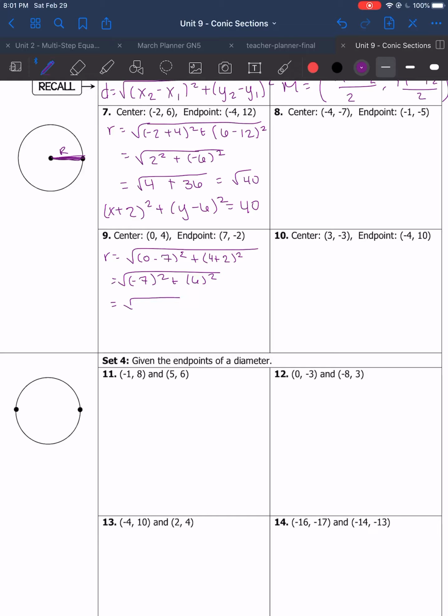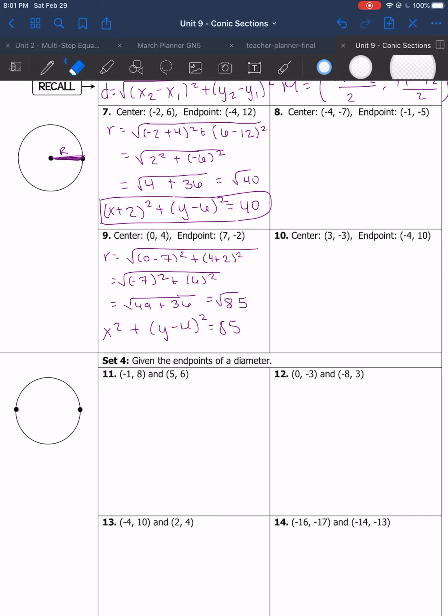So I get 49 plus 36, which is the square root of 85. When I plug these in, since my h is 0, I'm going to have x squared plus (y minus 4) squared equals 85. Apparently I'm having a difficult time writing today. That's how you would put that in standard form.